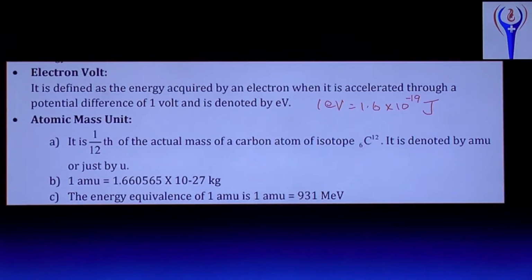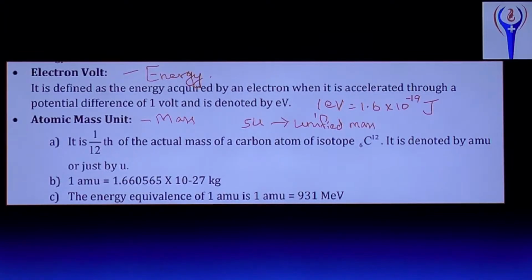So eV, I already said, is a unit of energy in atomic scale. Like that, the unit of mass in atomic scale is AMU. It may be AMU or just U, like 5 U, 10 U. That U is nothing but the same as atomic mass unit, and it is read as unified mass.